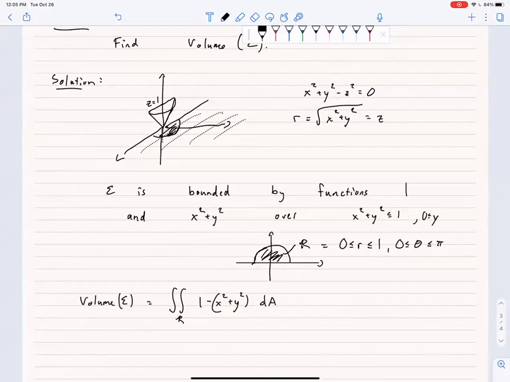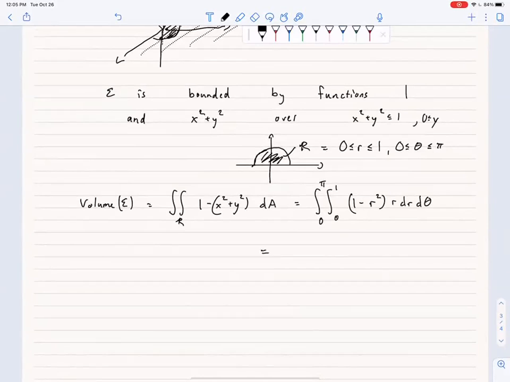Good. So once we have that, we can convert this to an iterated integral using our formula for polar coordinates. The bounds for r, 0 to 1, bounds for theta, 0 to pi, 1 minus r squared, and instead of dr d theta, we put r dr d theta. Okay, so let's just go ahead and integrate. Here we have r minus r cubed, so it's going to be r squared over 2 minus r to the 4th over 4 from 0 to 1, d theta.